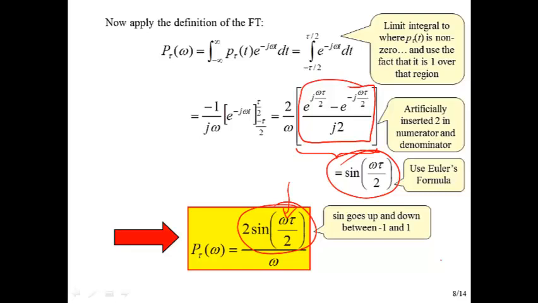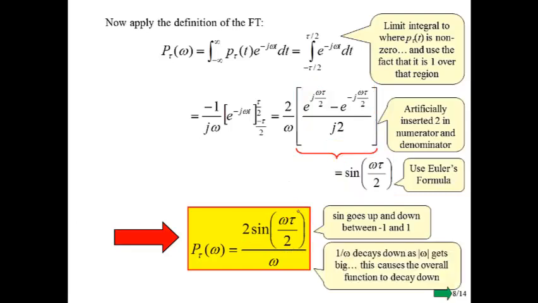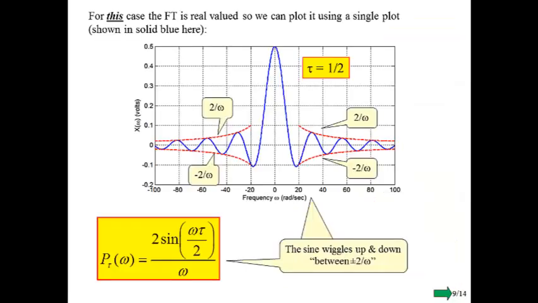So over omega, that numerator is going to just wiggle up and down sinusoidally, going between -1 and 1. We've got the sine up in the numerator going up and down between -1 and 1, and we've got the omega in the denominator, which as omega gets bigger is causing the amplitude to decay. So we get this kind of behavior.